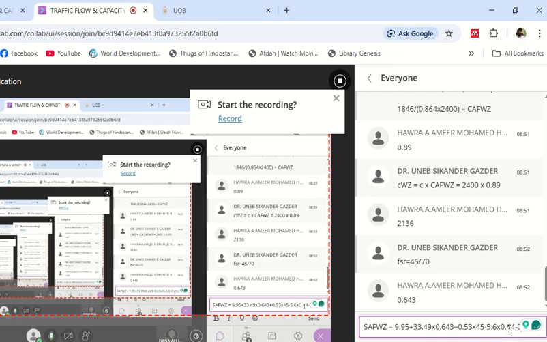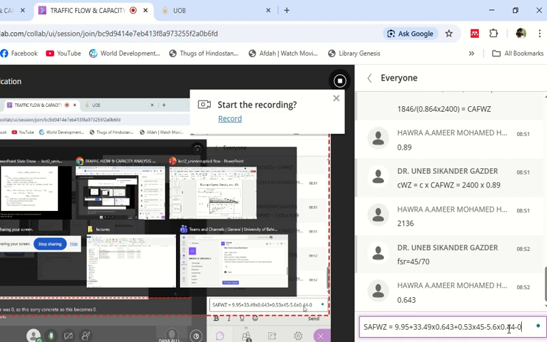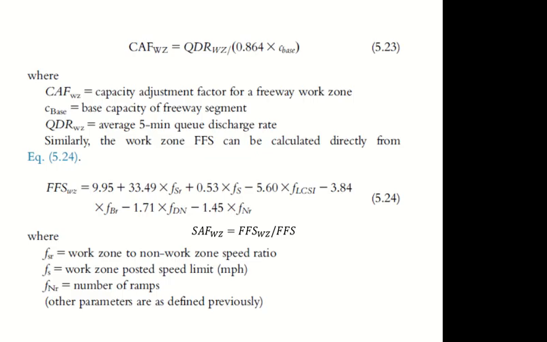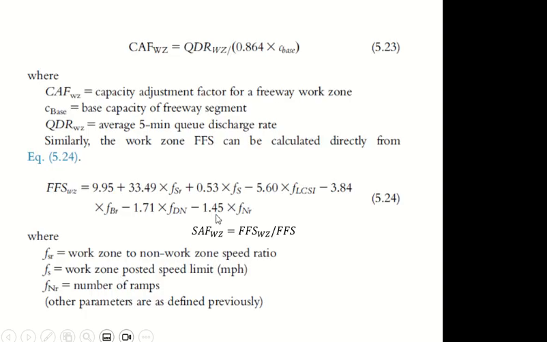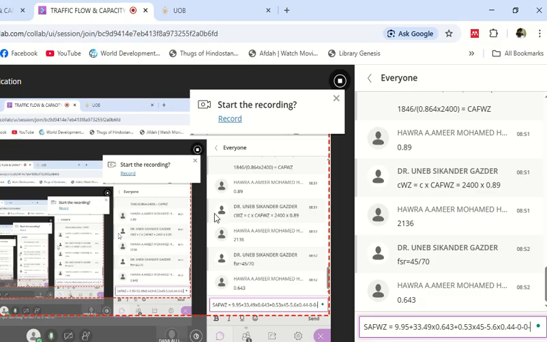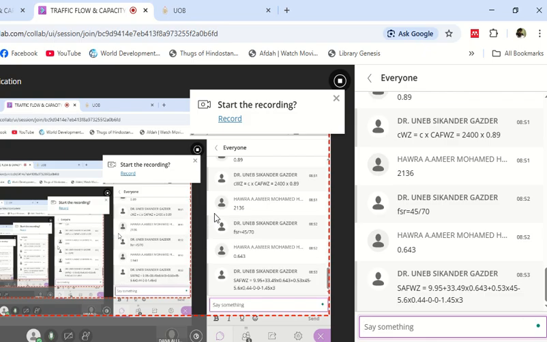The barrier type was 0, so this, concrete, becomes 0. Factor for day and night, we are doing during daytime, so this also becomes 0. And then we have the ramps density, which is 3 here. So minus 1.45 into 3. Okay, so how much is this factor?